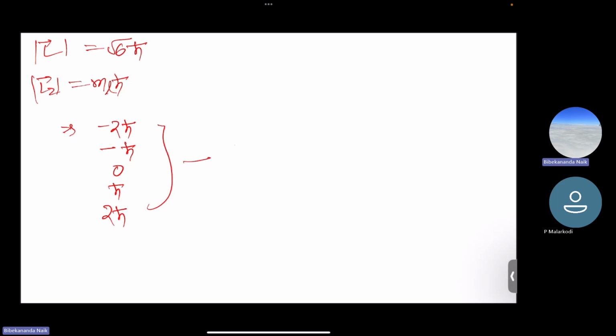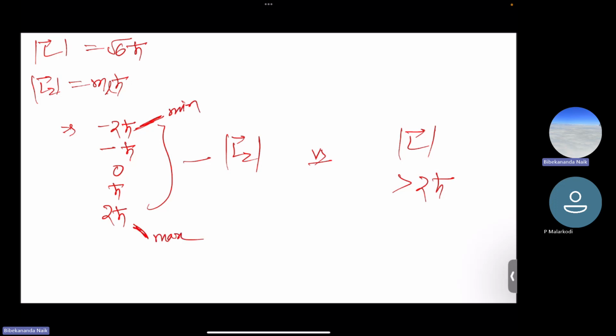These are the Lz vector magnitudes, and if you compare with the L vector magnitude, which is greater than 2 h cross, here the maximum value is 2 h cross. This is the maximum value and this is the minimum value. All these values are less than the L vector magnitude, isn't it?